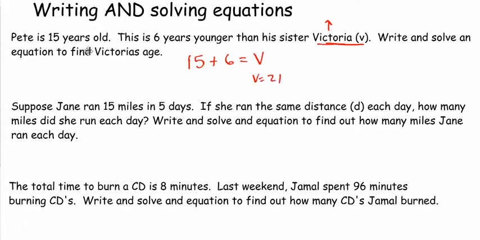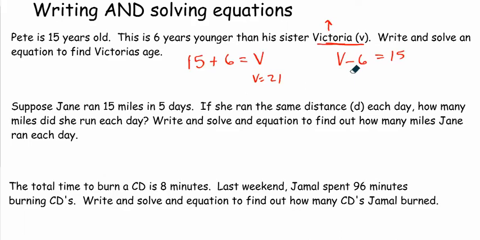You could have also written this another way. You could have written it as Victoria's age minus the 6 years would have to equal Pete because he is 6 years younger than Victoria.